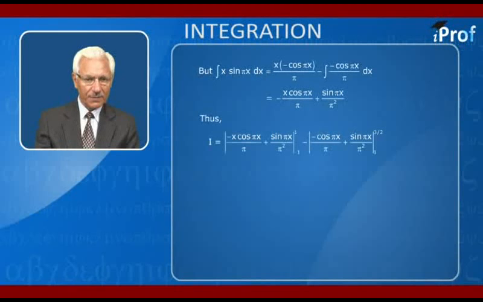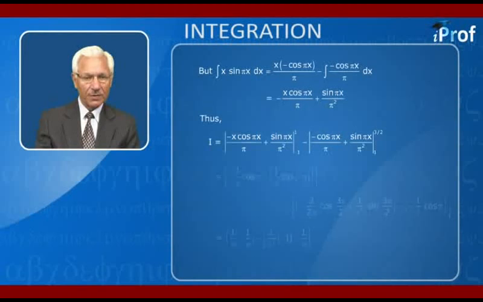minus x cos pi x upon pi plus sine pi x upon pi square from minus 1 to 1, minus x sine pi x upon pi plus sine pi x upon pi square from 1 to 3 by 2.